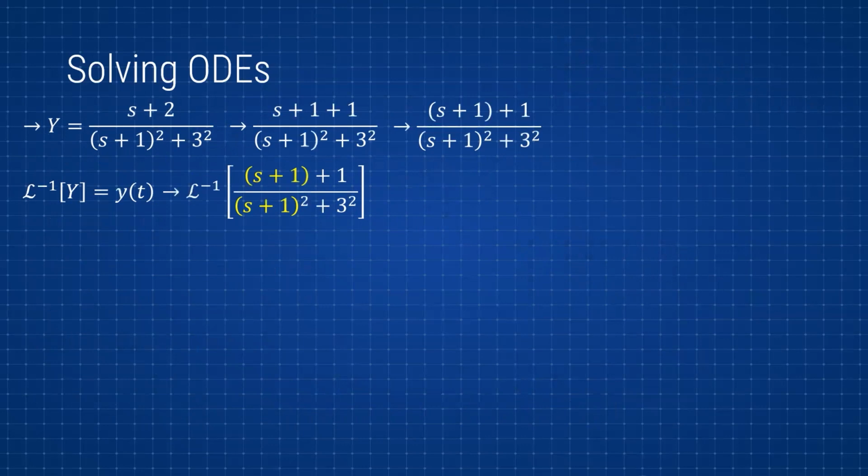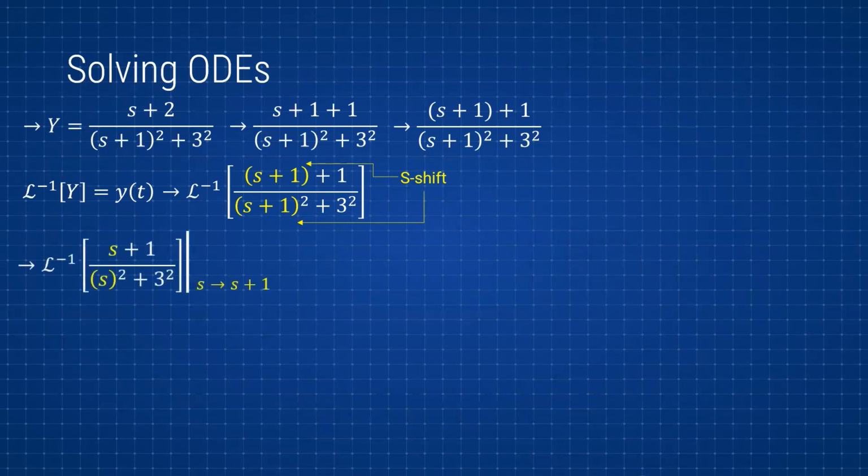If you recognize this from the previous videos, you will note that this is actually an s shift, right? So if this is an s shift, it means that there should be an exponential. So we substitute s plus 1 for s. So we change that, and instead of s plus 1, we now have s plus 1 on top.